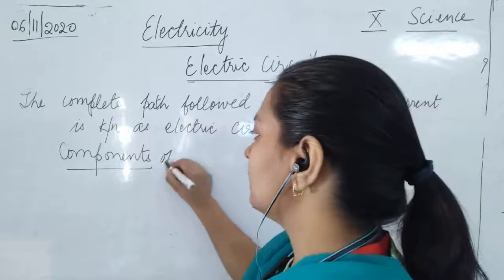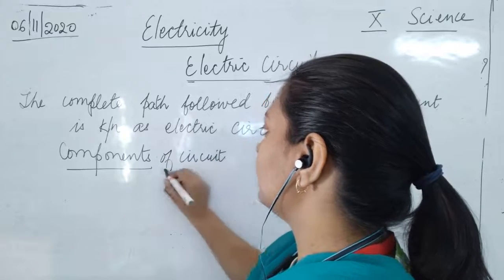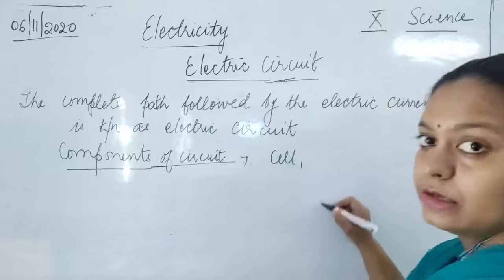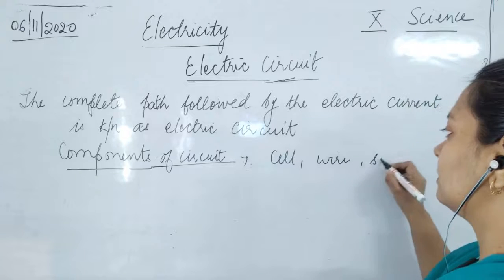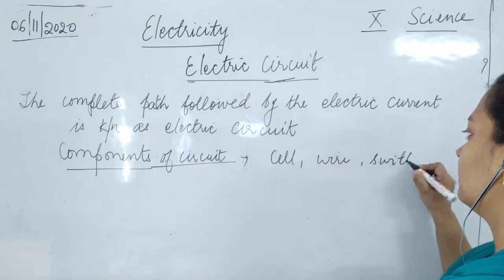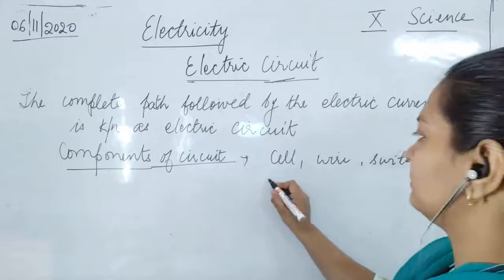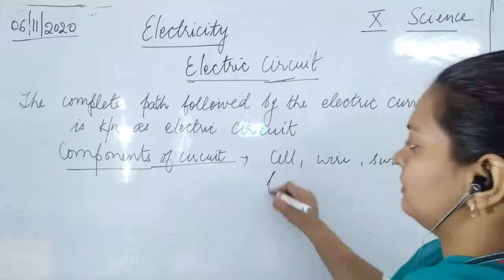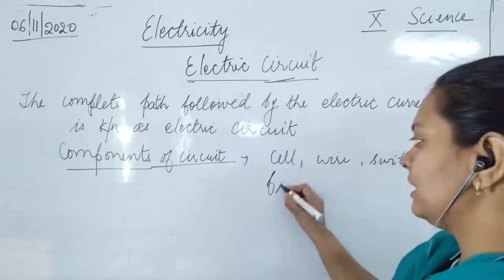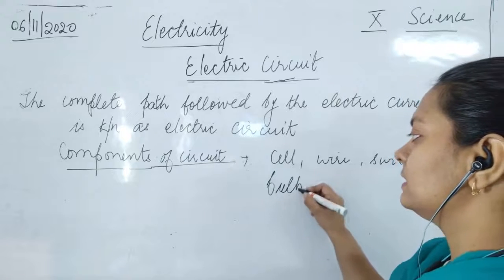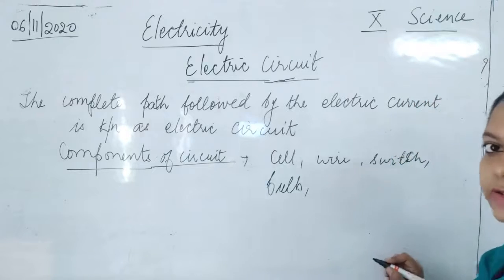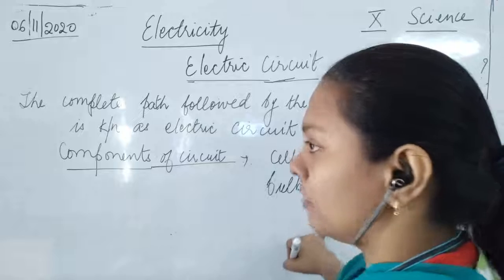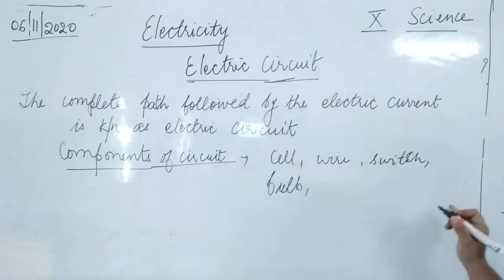So, components of a circuit. A circuit is composed of various parts like a cell or a battery, then wire, then a switch. After the switch we have certain devices which run on this electric current, so that we can see as a result that the current is flowing.